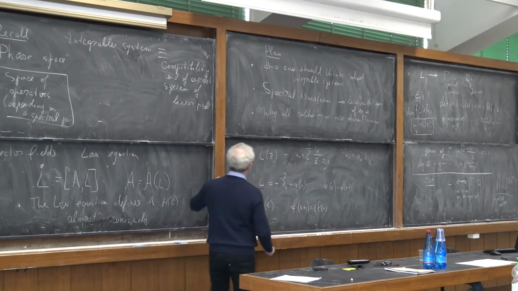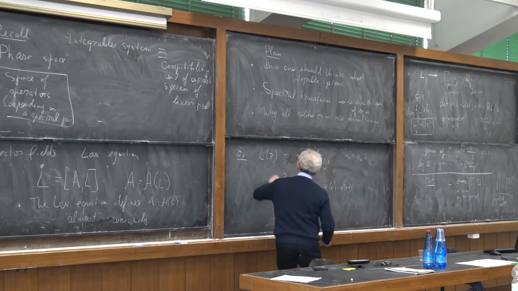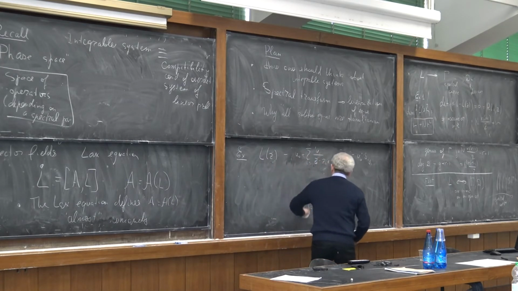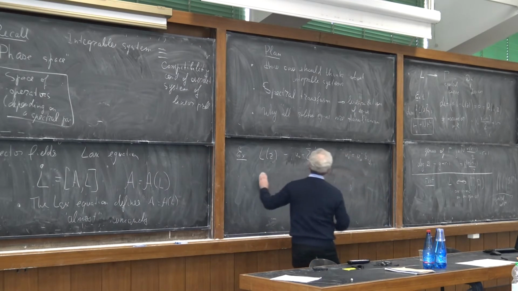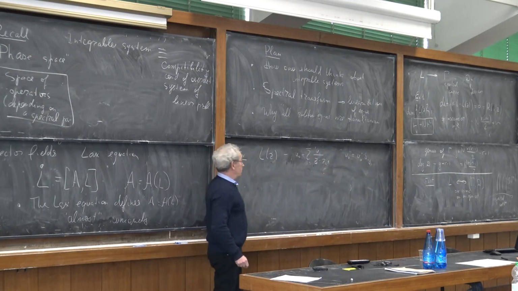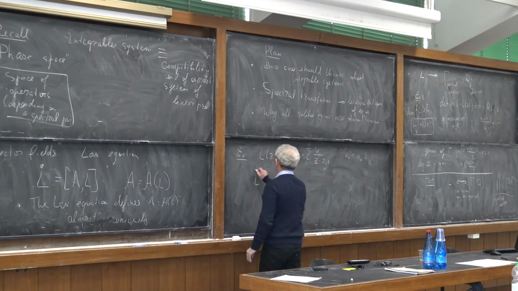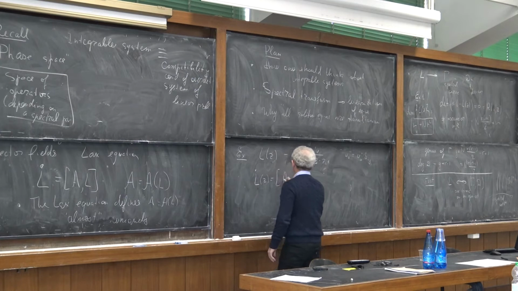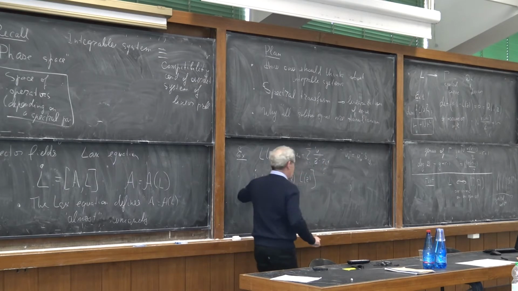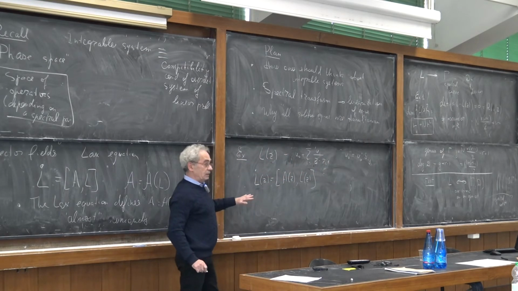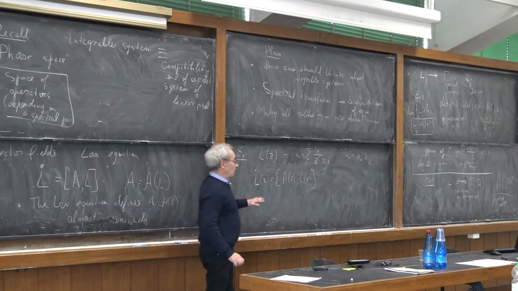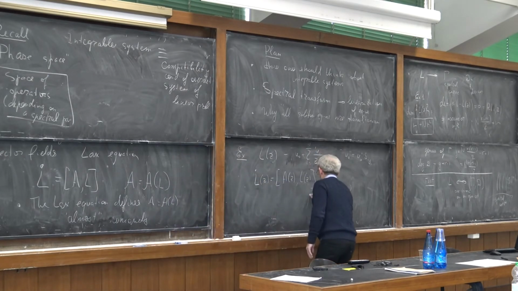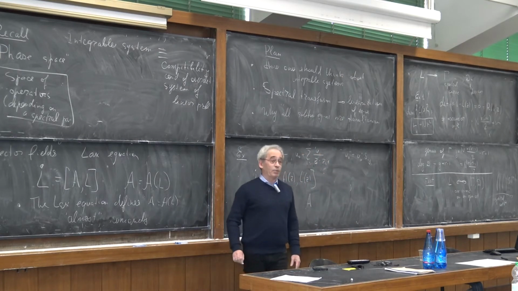Namely, this is our L. I want to define some evolution of my matrix depending on z in a way that dL/dt of z equals the commutator of A of z and L of z. And that has to be satisfied identically in z. So what is A? Again, as I said, it's almost unique, up to some very little ambiguity left.